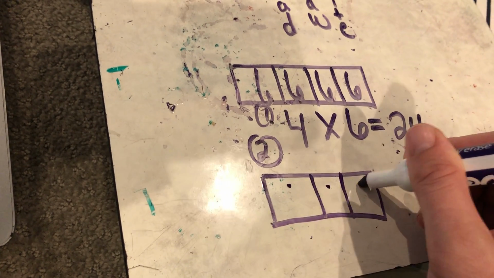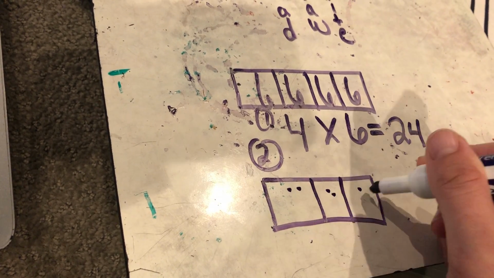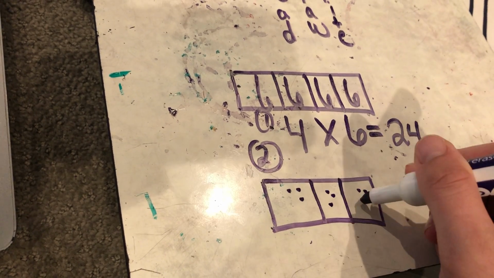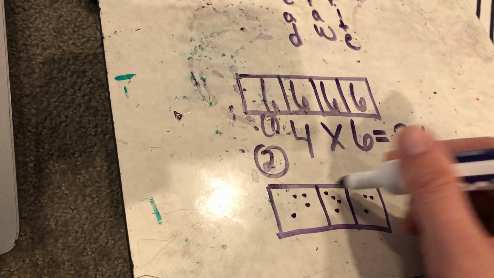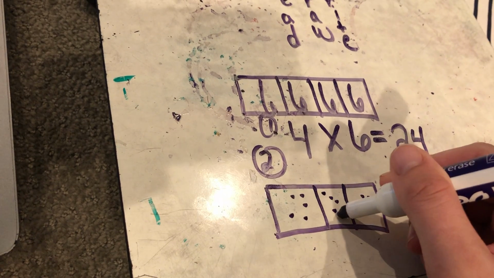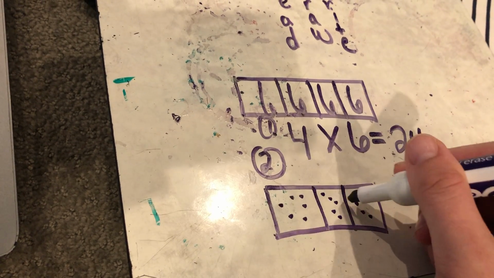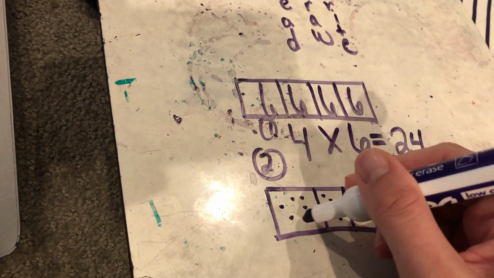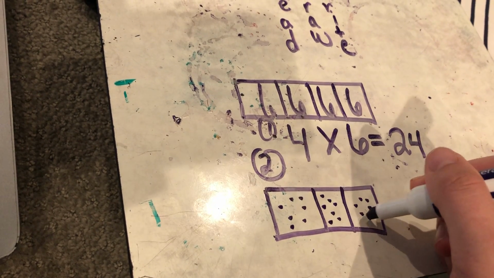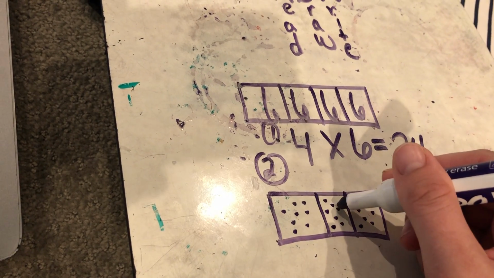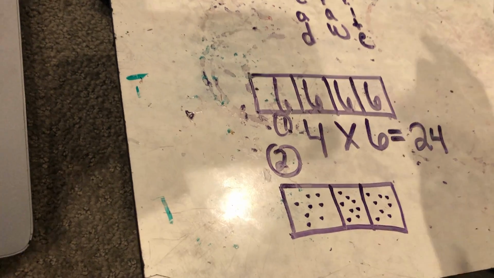1, 2, 3, 4, 5, 6, 7, 8, 9, 10, 11, 12, 13, 14, 15, 16, 17, 18, 19, 20, 21, 22, 23, 24. Okay, now all I have to do is look at one box.